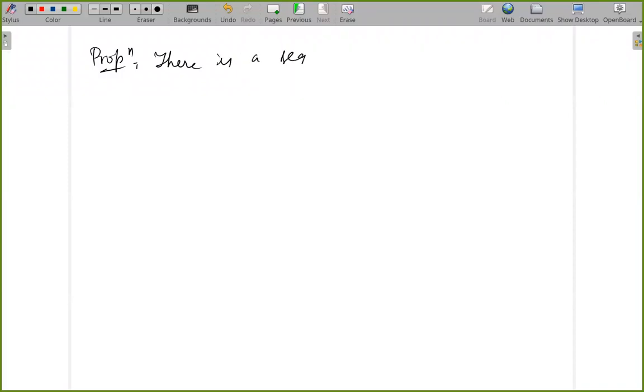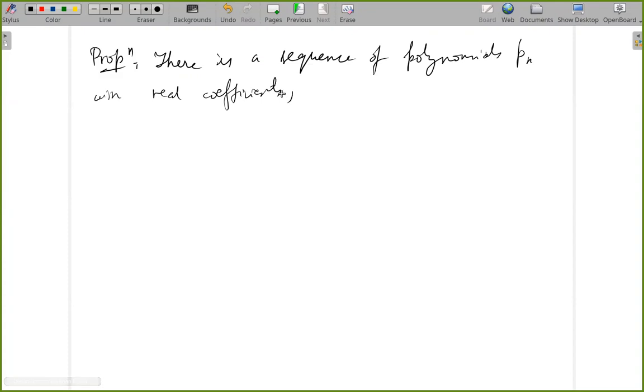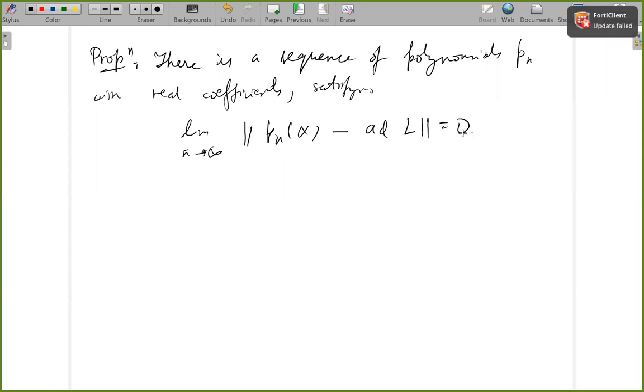So there is a sequence of polynomials Pn with real coefficients satisfying: the limit as n goes to infinity of Pn of alpha. Remember, alpha is a map in B of H. Pn is again a map in B of H. So this minus ad L is equal to 0. So we are able to approximate ad L using alpha.